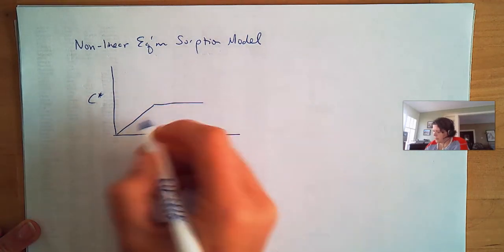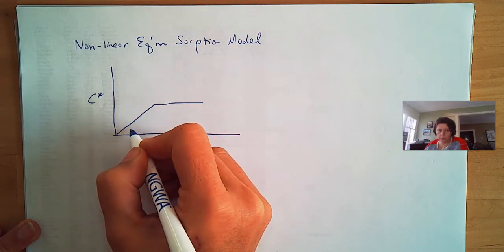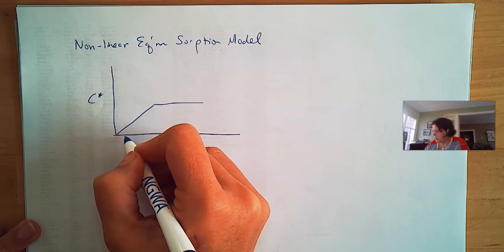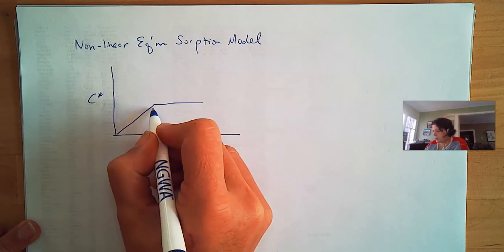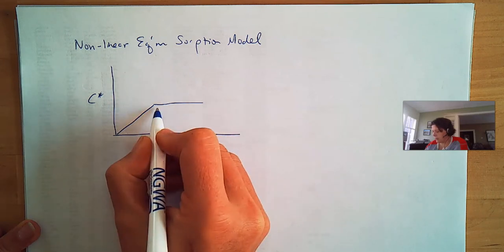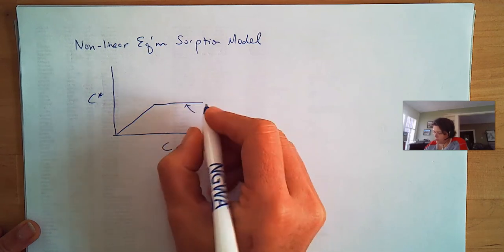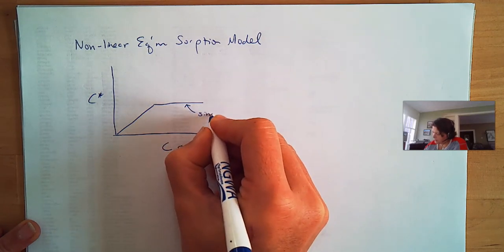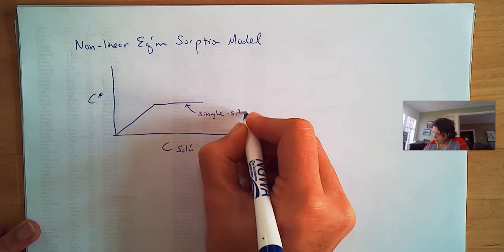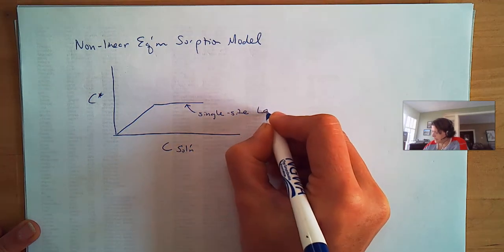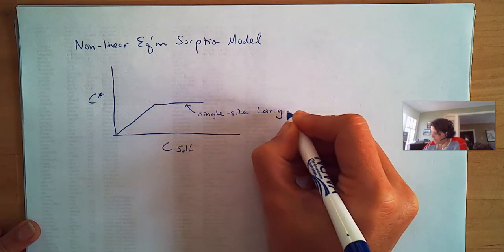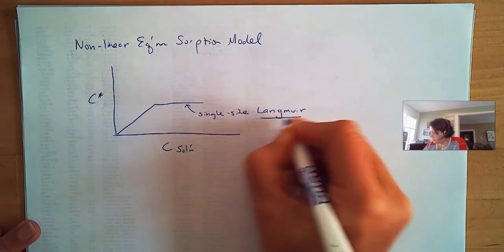So you can have one system where up to a certain point, under a low concentration, you can have that KD value, but once you hit a certain concentration of the solute, you can't get any more sorbed onto it. This is referred to as a single site, or we usually refer to these as Langmuir, after the man who developed the equations for this.